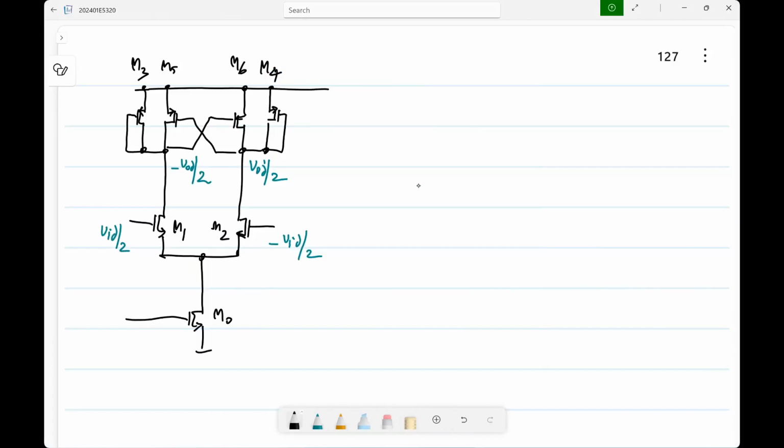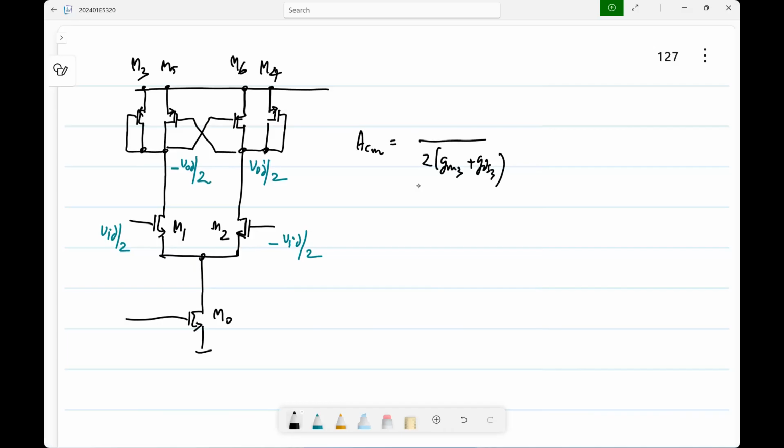You will have common mode rejection from both the bottom structure, the differential pair, as well as the load. So the common mode gain would be what? In the common mode half circuit, what is the load impedance? We just saw that, right? It is basically 1 by 2 gm3 plus gds3. That is the load impedance in the common mode half.